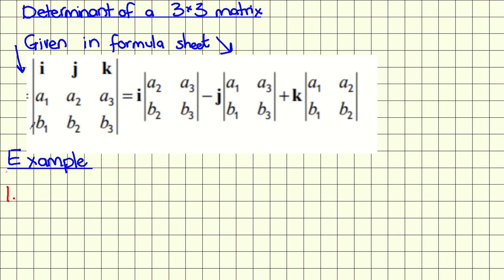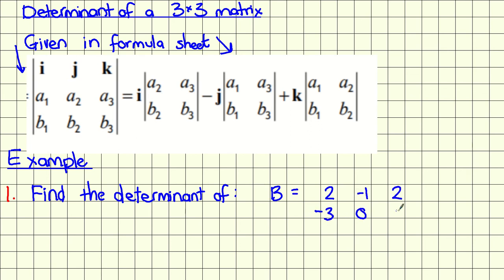Right, number one, so find the determinant of B equals, 2, minus 1, 2, minus 3, 0, 1, 0, 1, 2.